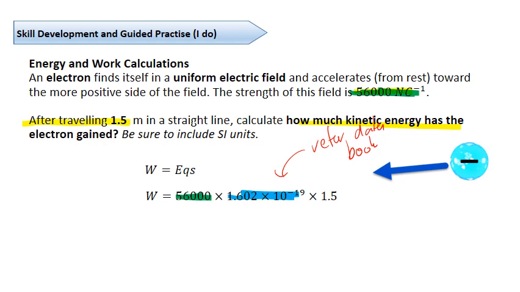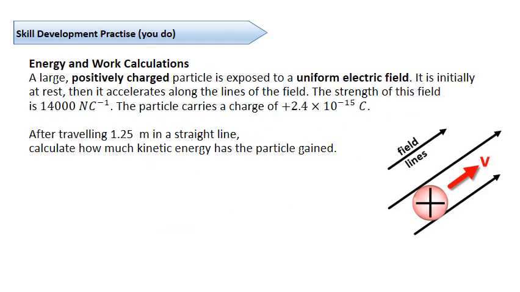If you're given this question in an external exam, you have to look at your data book to find that value. Then the distance between them is indeed 1.5 as given in the problem. Putting this into a calculator, you should get work equals 1.3 times 10 to the negative 14 joules, and this is the kinetic energy.